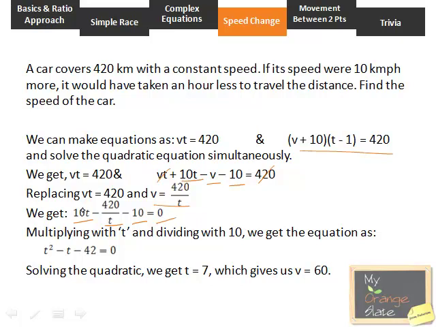Since each term is a multiple of 10, we can divide this by 10 and we can multiply with t. So we get the equation as t square minus t minus 42 is equal to 0. Solving this quadratic, we get t is equal to 7, which gives us the speed as 60 kilometers per hour.